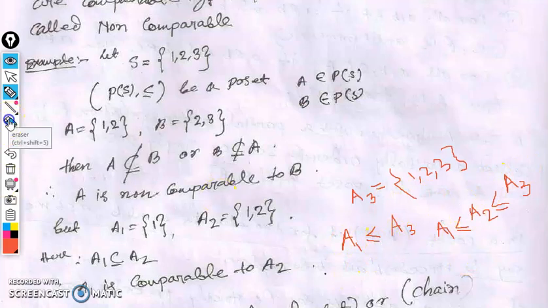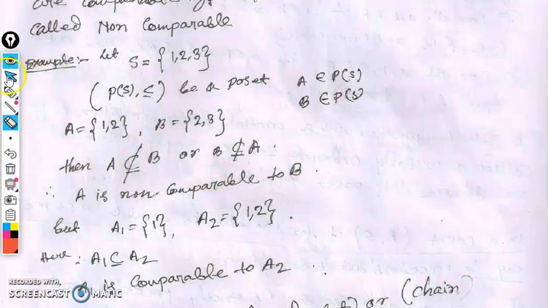But if we consider this one, A1 is less or equal to, according to the set inclusion principle, A1 is a subset of A2, and there doesn't exist any other set lying between A1 and A2 which is comparable with A1. So in that case, A2 becomes the cover of A1, but A3 is not the cover of A1. I think it's clear for you.